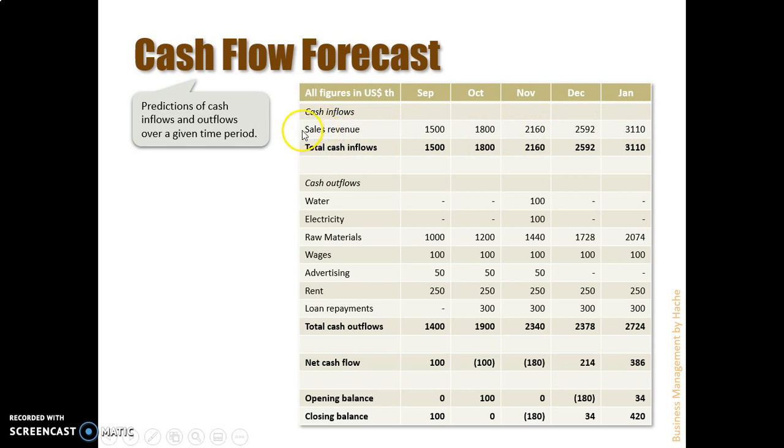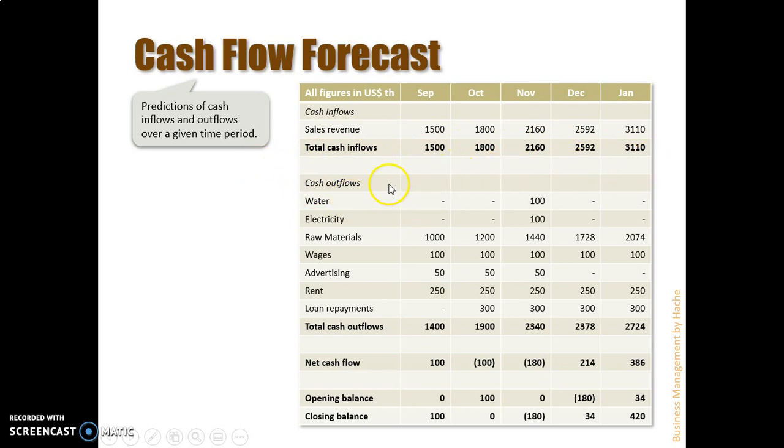In real life, you can find other cash flow forecasts that include other types of inflows that would be coming into your business, not just the sales revenue. This is usually divided into several months, 3, 4, 5 or 6, as I previously said. And then you calculate all the cash inflows to get the total cash inflows of every month.